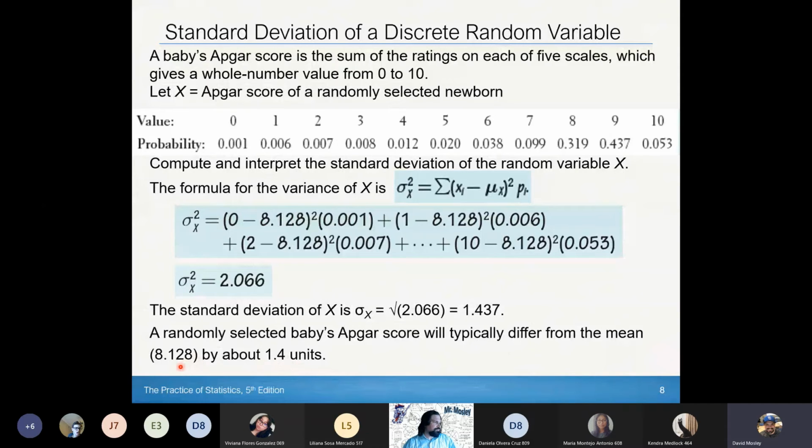It's always good to pop the mean back in when you write your description, saying a randomly selected baby's APGAR score will typically differ from the mean, 8.128, by about 1.4 units. Just to be more specific, you want to give as many details in your descriptions as possible. It's important to include the word about here.